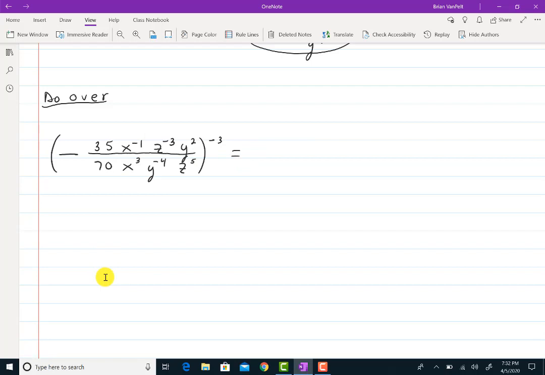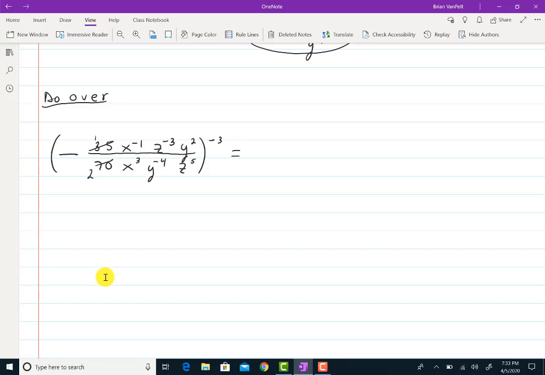Take everything to the negative 3 first. That's out front. And then I'll have, now I think actually before I do that, let me do one thing, because I don't want to be taking 35 and 70 to the 3rd. Let me cancel this first. If you can simplify your numbers, always do that first.